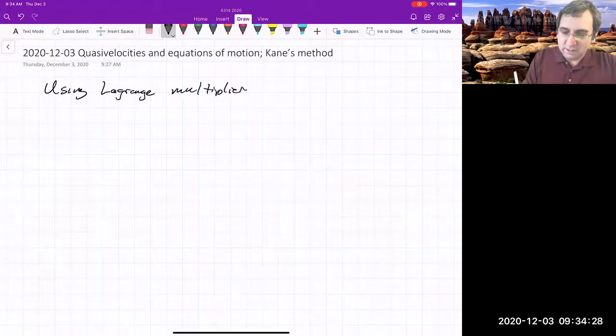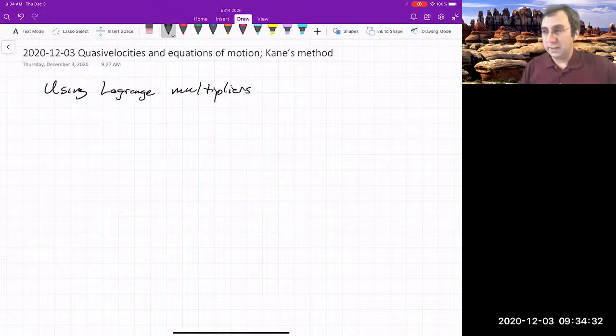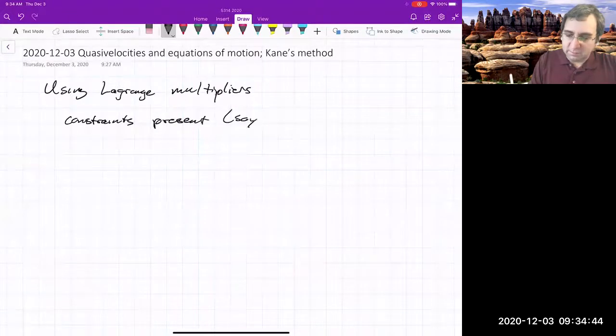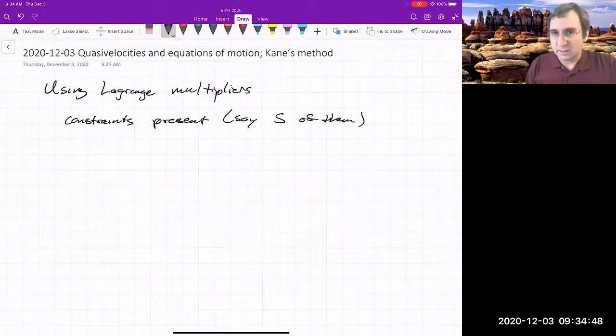Whether they be holonomic or non-holonomic, they can always be written in the non-holonomic form. So we can always write any constraints present, and let's say that we have S of them, following the terminology of the Kasdin and Paley book.